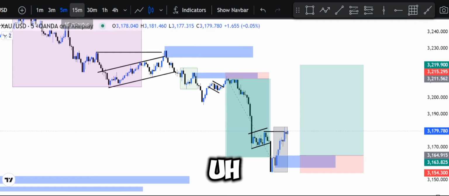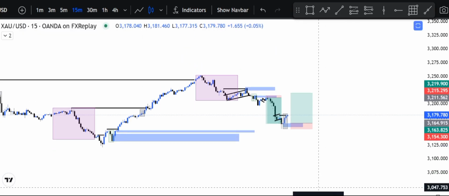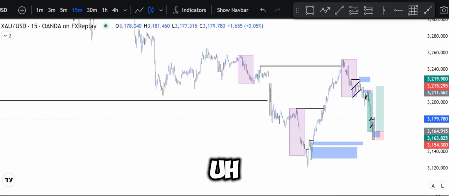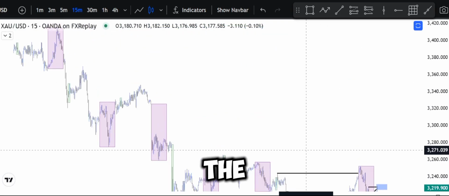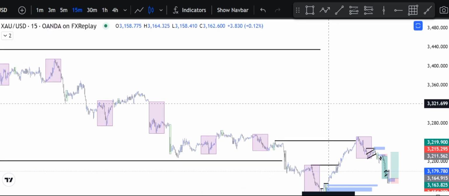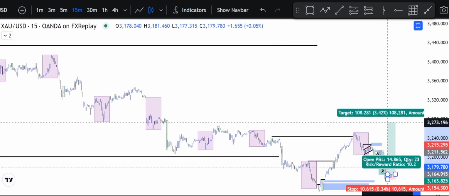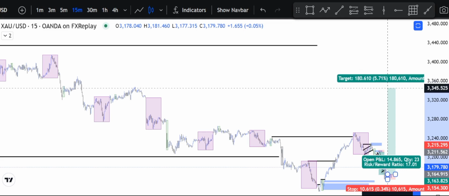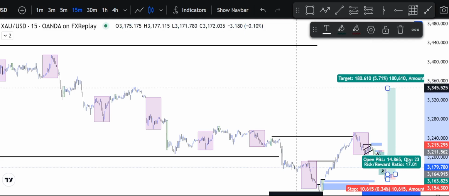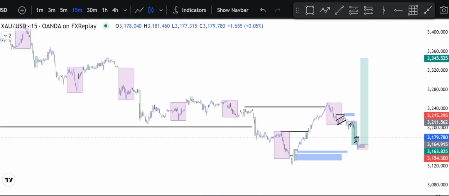We go to 15 minutes to set TP. The take profit should be where the price will most likely go to. Let's set it all over here.